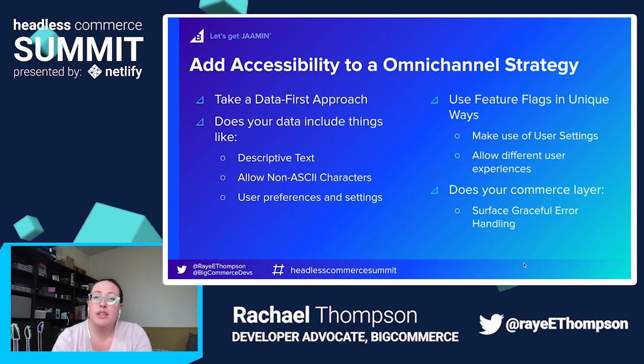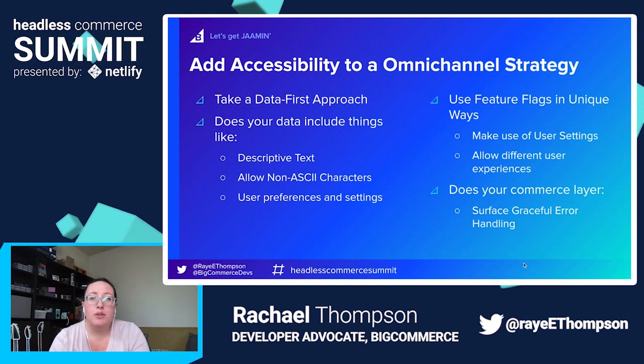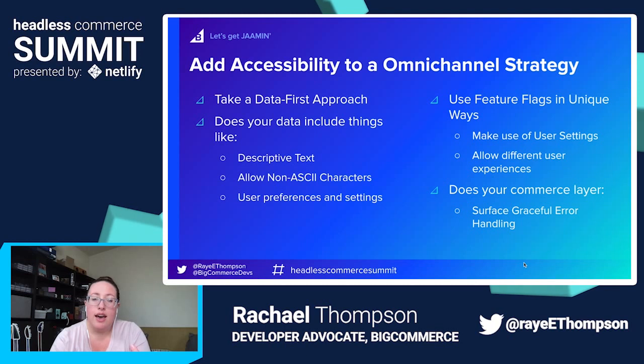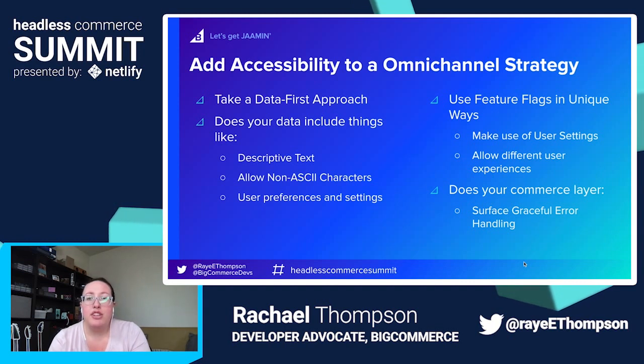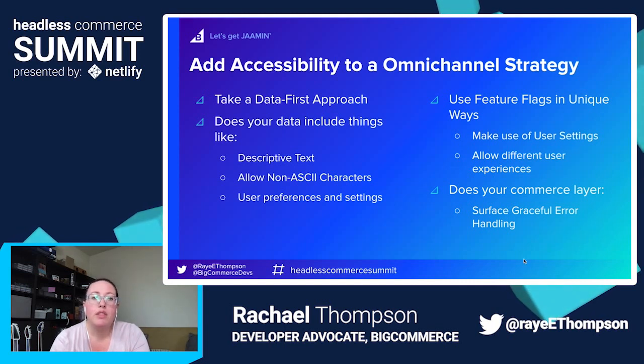And we can also integrate things like feature flags. And this is great into utilizing segmentation. So a customer might say that they have low vision, and you can create a high contrast version of your site that is displayed to them on a feature flag. You can also think about this for features like text to speech or speech to text for people who have limited ability to utilize a keyboard.